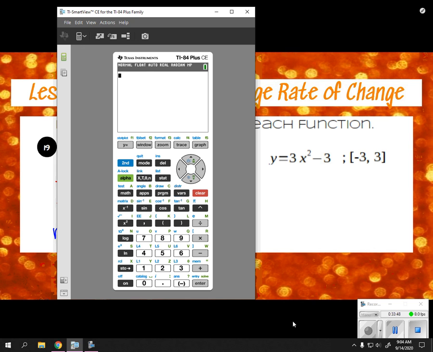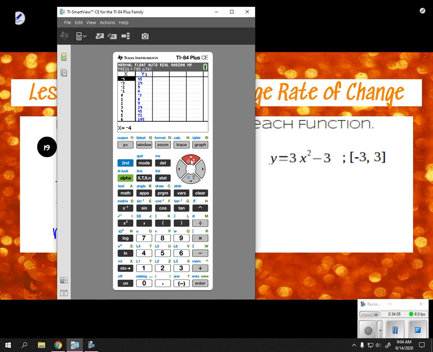So let's say you wanted to find a shortcut. I'll give you a shortcut. We're going to go y equals, we're going to type in our function, 3x squared minus 3. Okay, and we're going to hit second table, or second graph, and we're going to pull these values from the table. So -3, comma, looks like 24, and then +3, comma, 24.